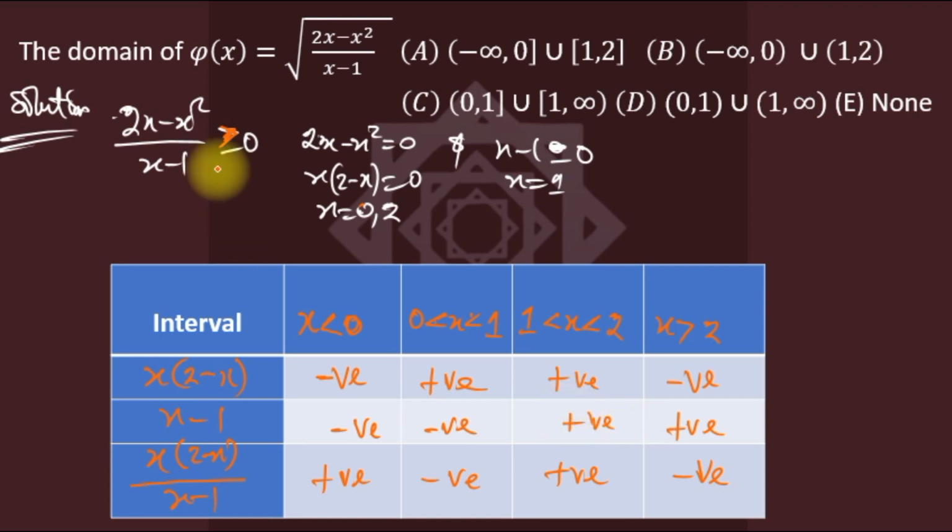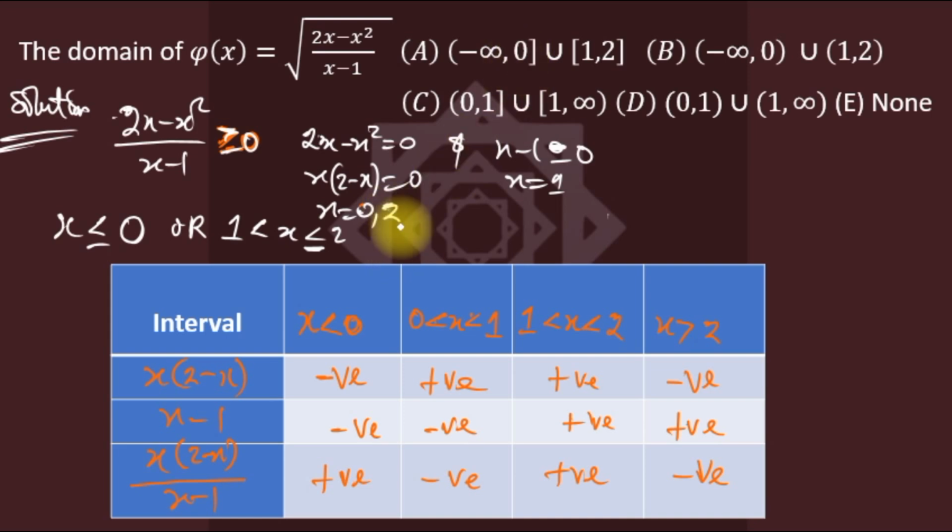But remember, we want the interval where the expression is positive, greater than or equal to 0. So the answer is this interval and this interval. We need to remember we have an equality sign here. 0 is included, but 1 is not included, because if you put 1 here, we have division by 0.